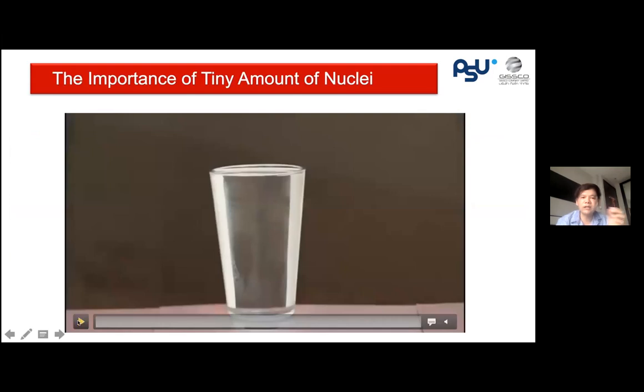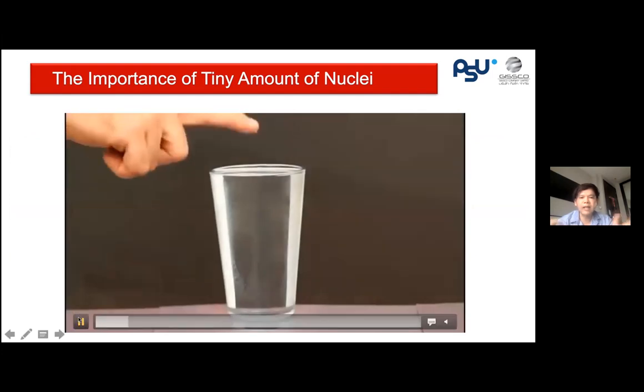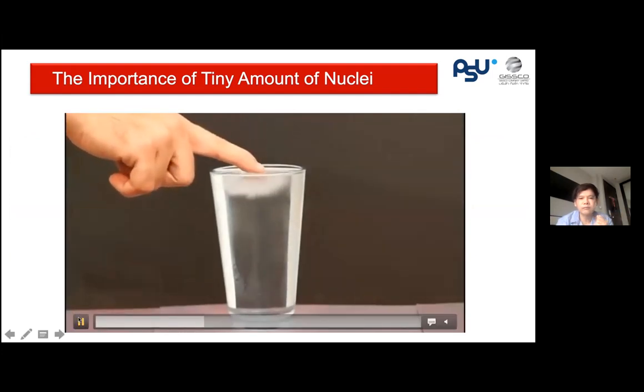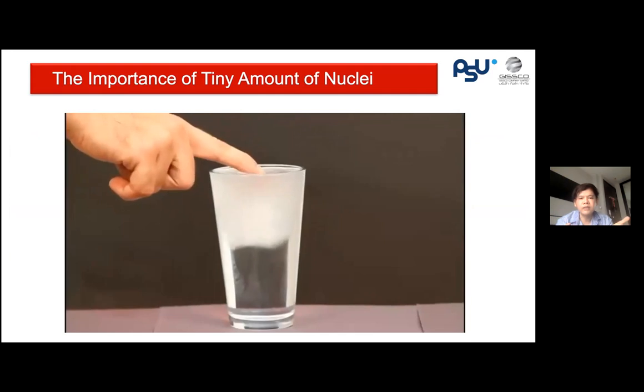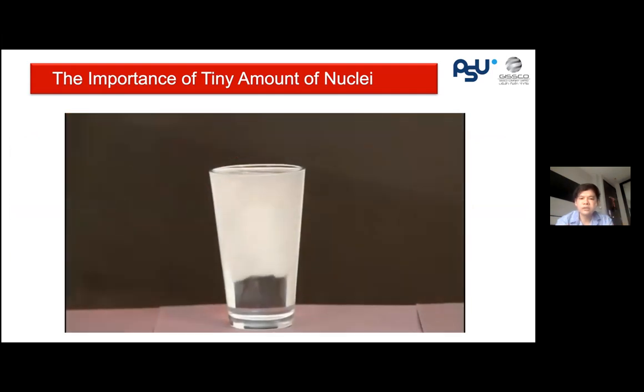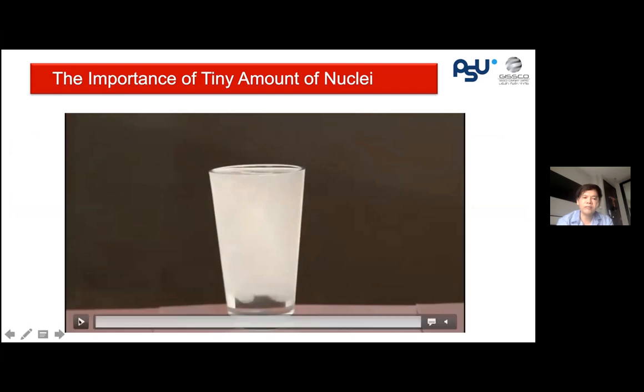This is a good demonstration. The water is undercooled water. This water is minus 10 degrees Celsius, but it's still liquid. This is like a magic trick that people show: with a tip of a finger, it will change to solid ice very quickly. And why would that be?